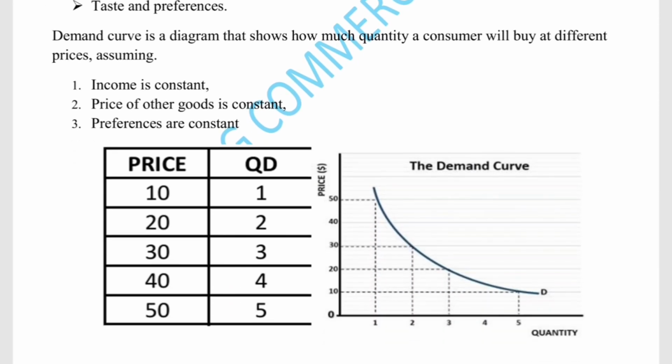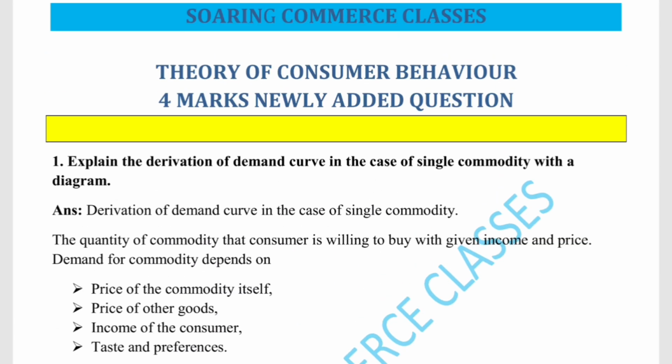The demand curve slopes from left to right because the satisfaction is decreasing as per marginal utility. As per the law of demand, when the prices decrease, the consumer purchases more of the commodity. This is the question which has been asked by the PU board.